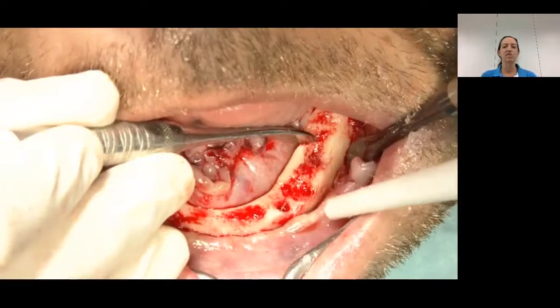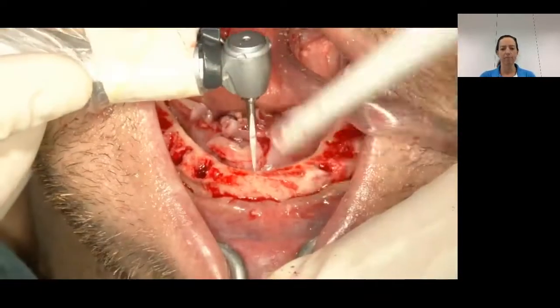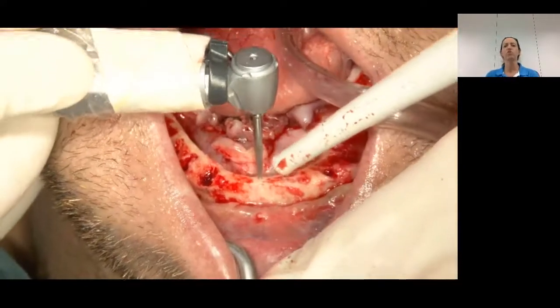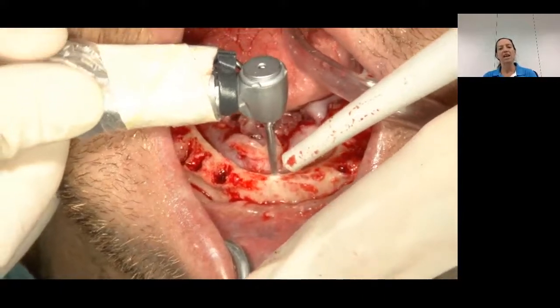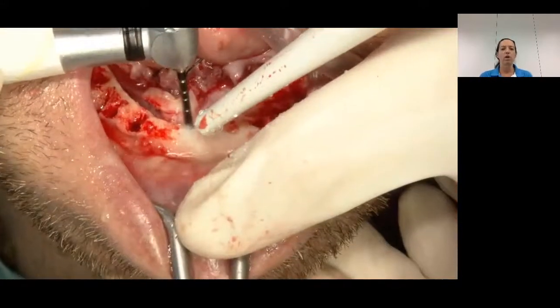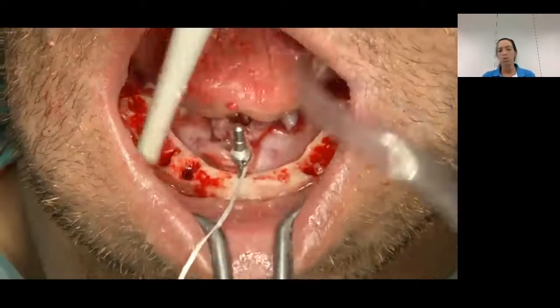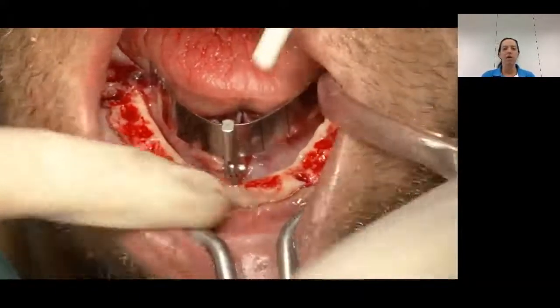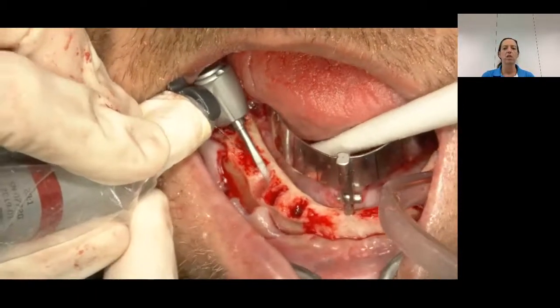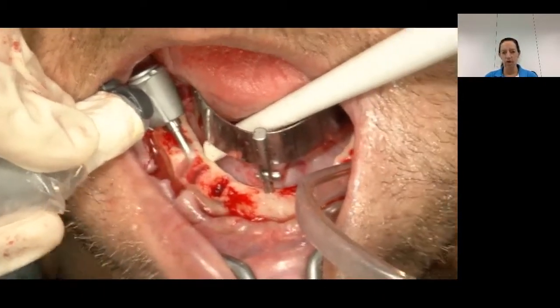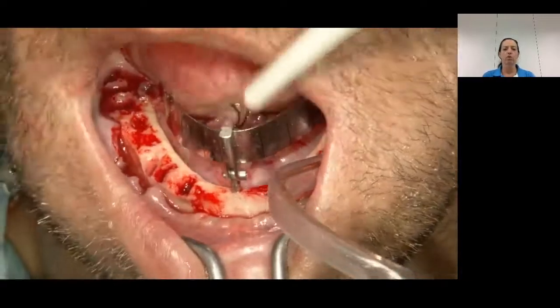Now you can see it's a very thin ridge in the beginning, so we are going to try to see where we can benefit from using the best bone available. So we place our pin in the midline, and then we place our all-on-4 guide.